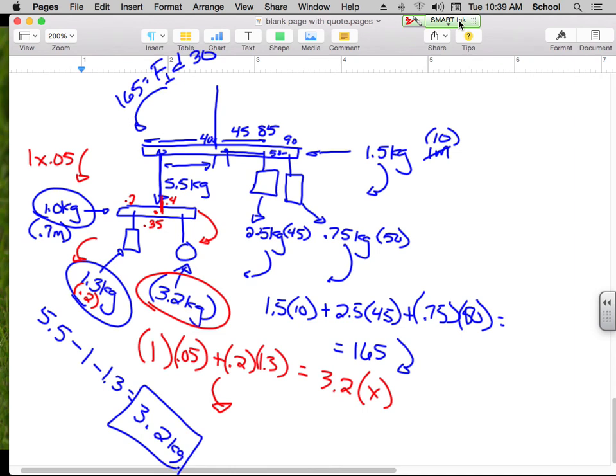So clearly do this part. 1 times 0.05 plus 2 times 1.3 equals... wait, that gives us 0.2, not 2, right? 2.65 equals 3.2x. So clearly I need to divide now by 3.2, and that gives me x is 0.82.